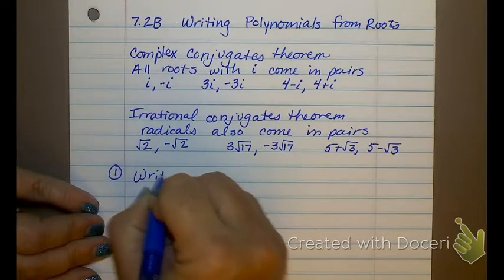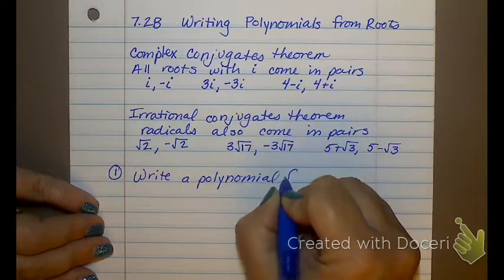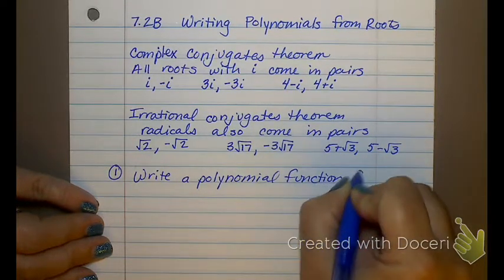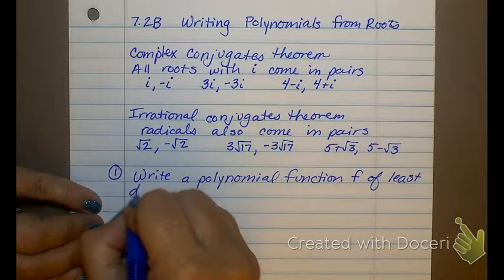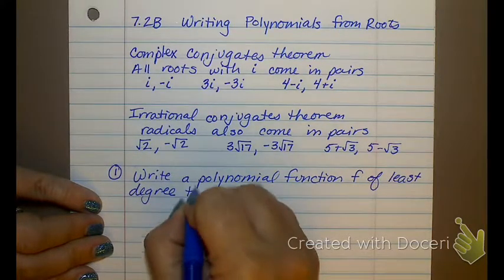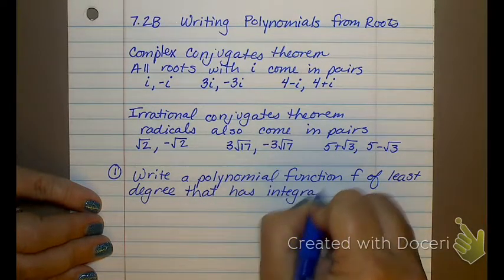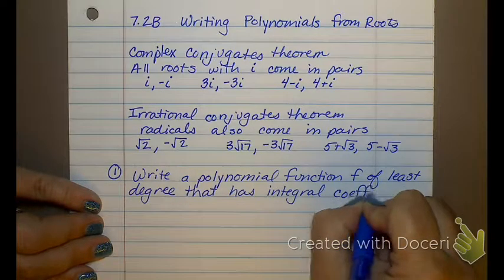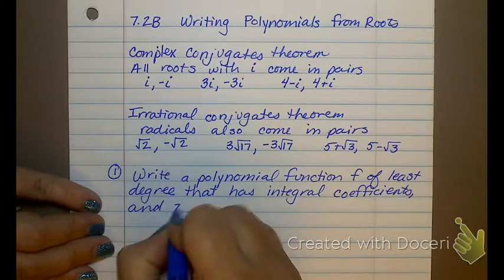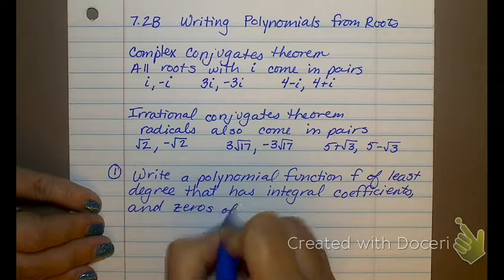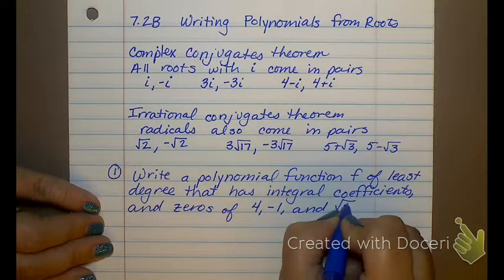It'll say, write a polynomial function f, and I'll interpret this in a minute, of least degree that has integral coefficients and zeros of 4, -1, and radical 5.